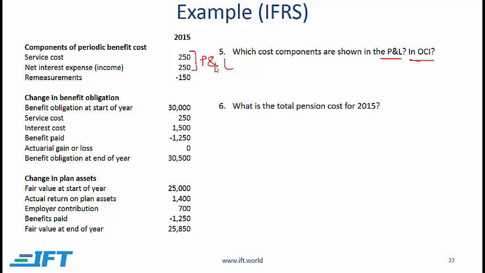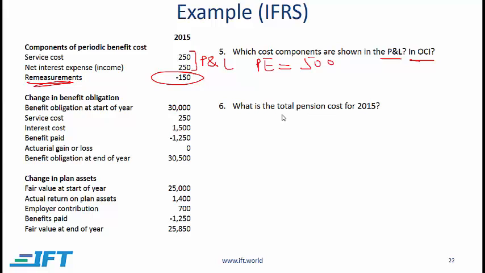So in the P&L, our pension expense is going to be 500. Under remeasurements, we show minus 150, and on the previous slide I talked about where we come up with this number. So this is actually a gain in OCI.